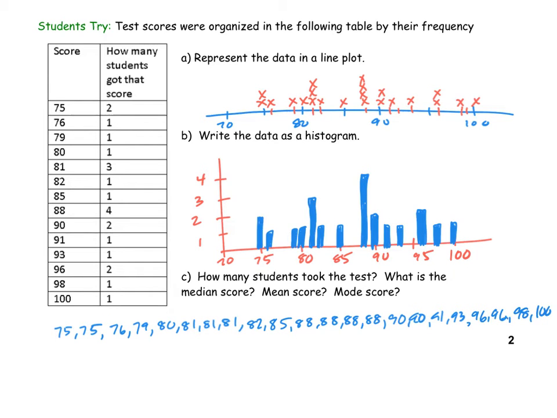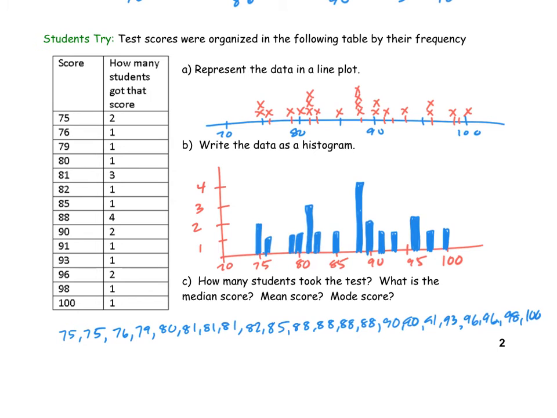All right, so if I count these up, how many scores are there total? One way to do this is just to add up all these frequencies. You can just take the sum of all these. So if I add 2, 3, 4, 5, 8, 9, 10, 14, 15, 16, 17, 18, 19, 20, 21, 22. So there are 22 total. So we could write that somewhere just so that we're not losing that number. So 22 total students took the test.